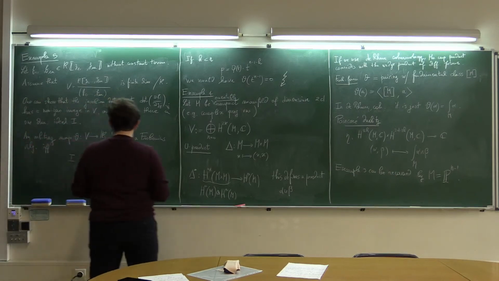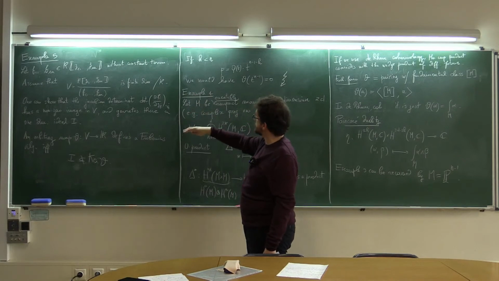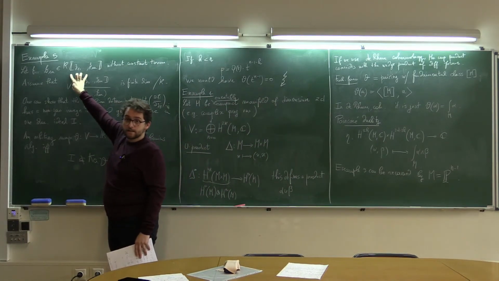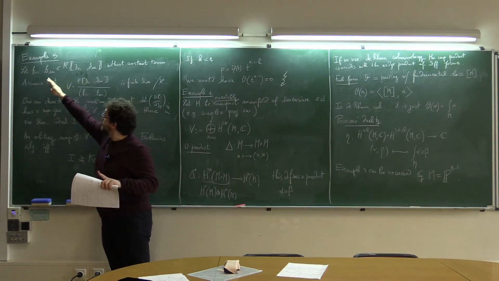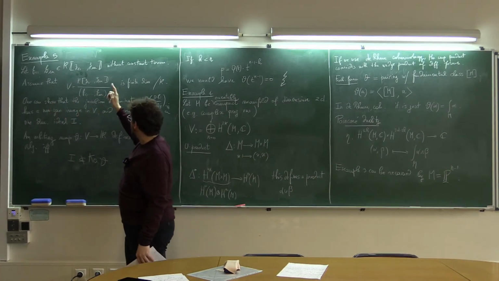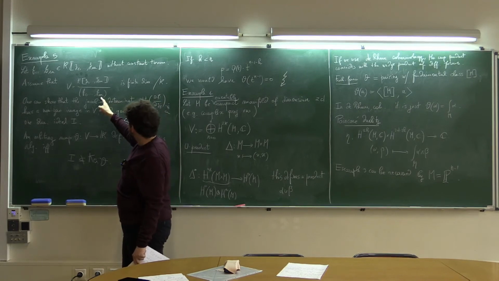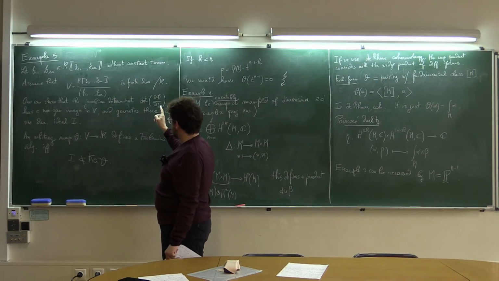So let's try to understand in which sense this example generalizes the previous one. Well, in the previous one, instead of a power series ring, I had a polynomial ring in a single indeterminate. I had a single polynomial, so I had a single f, and I considered the quotient by the ideal.